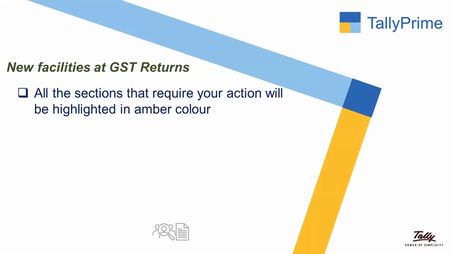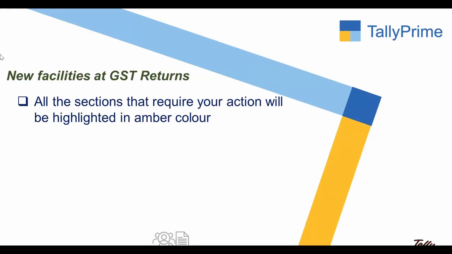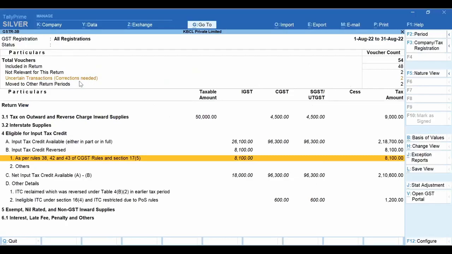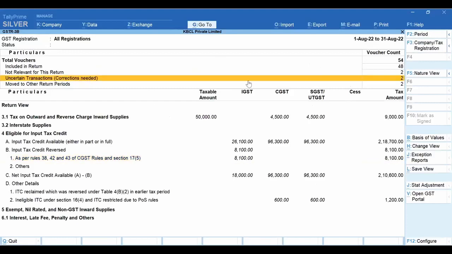All the sections that require your action will be highlighted in amber color. I told you already, black color means you need not do anything. If it is in amber color, yes. So there is one thumb rule here.